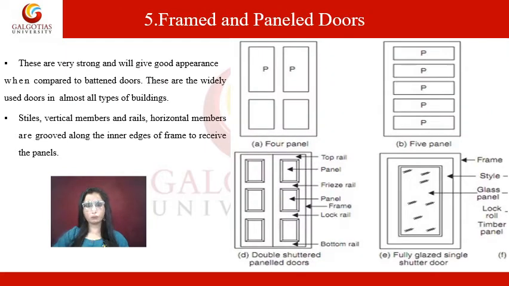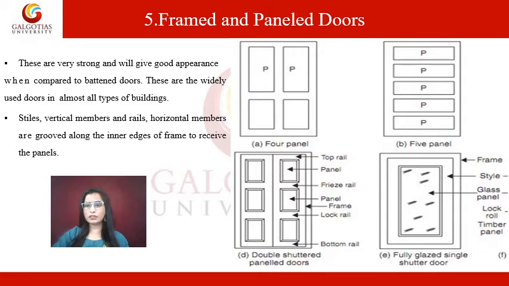Next type of door is the framed and paneled door, as is also clear by its name. In this type of door, there is a frame and panels provided. So this is known as the framed and paneled door. This part is known as the frame.